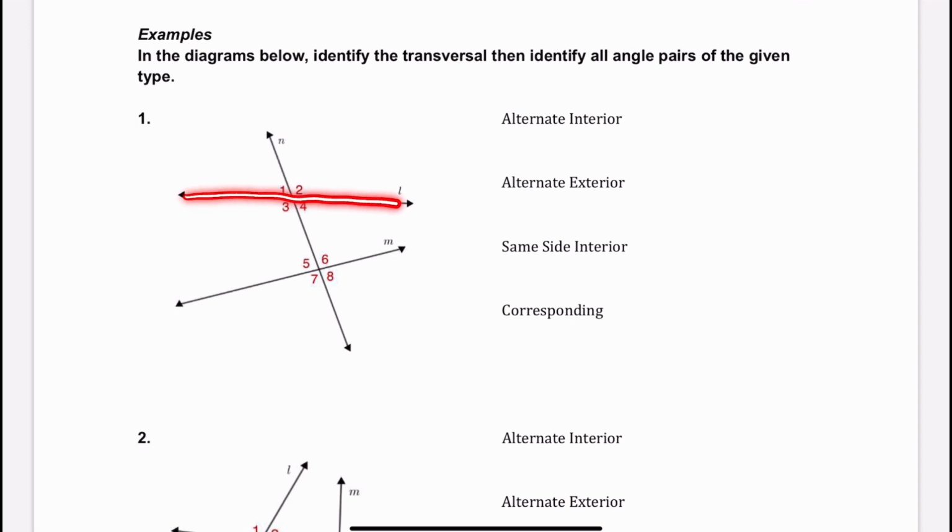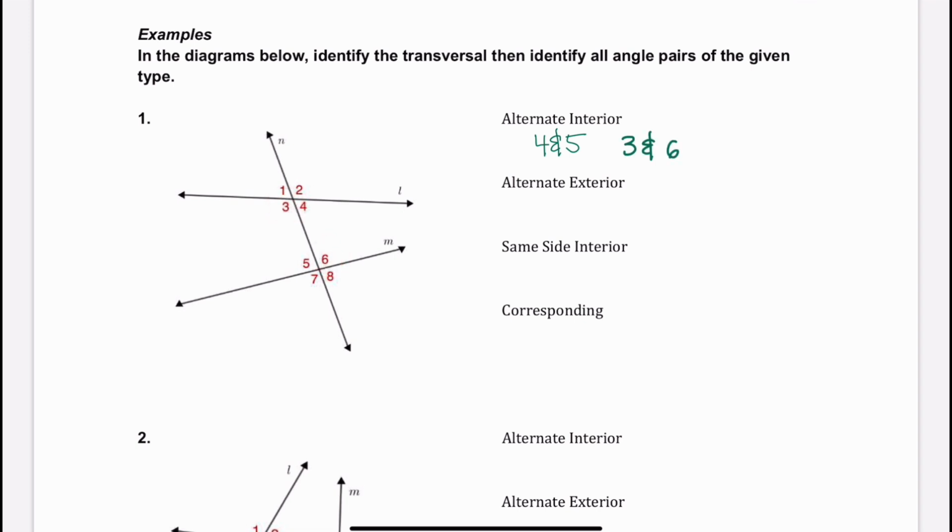We are looking on the interior of these two lines here, and they're alternating sides. So 4 and 5 would be alternating sides. We also have 3 and 6 alternating on the interior of the lines.